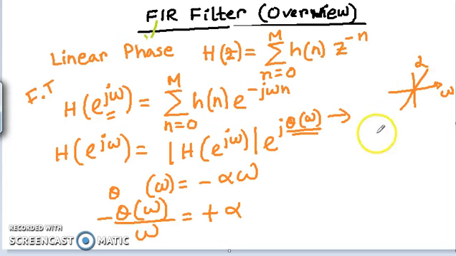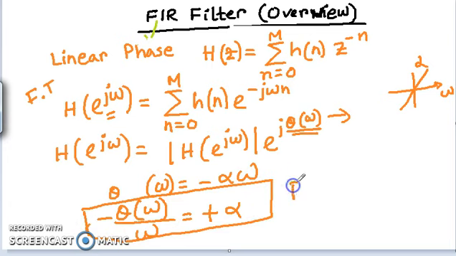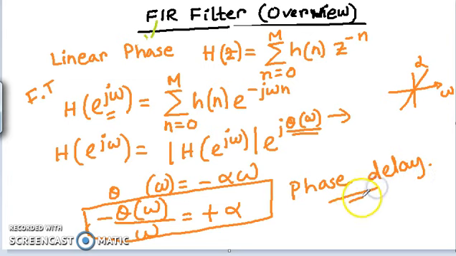Now we take the negative value of it and divide by the frequency omega. So what we are getting is a constant value. This is called the phase delay of FIR filter.